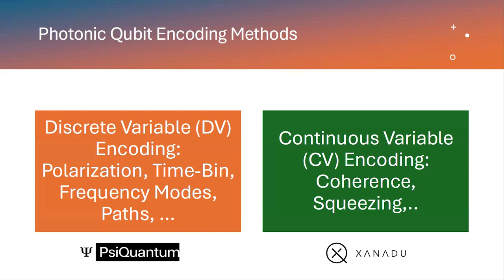And based on this, like Xanadu, they prefer continuous variable encoding using the quantum coherent and squeezing effects. And companies like PsiQuantum, they prefer to use discrete variables like polarization, some certain frequency paths, and direction. And also timing, yeah? Some countable degrees of freedom.